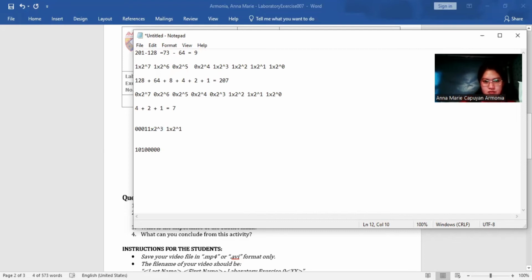Then this is 4. I don't know, maybe I will overlap here.